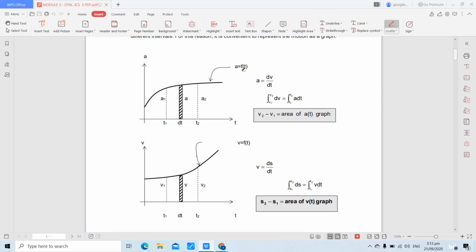And with respect to that acceleration as a function of time, kapag i-integrate natin yan, makukuha natin si velocity as a function of time na equation. Since meron tayong equation, pwede natin i-graph yung curve ng equation na yon.